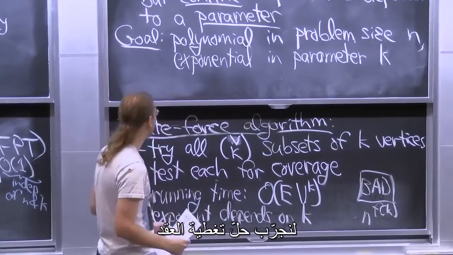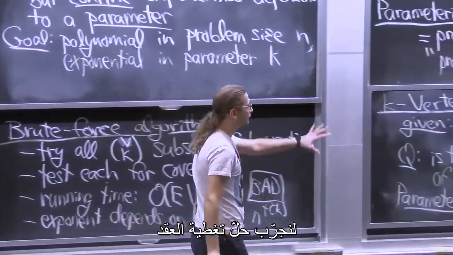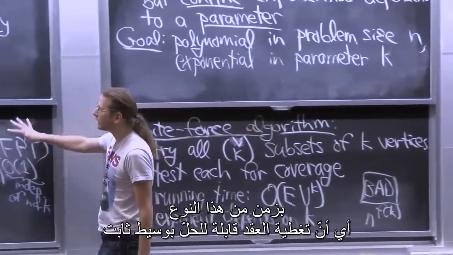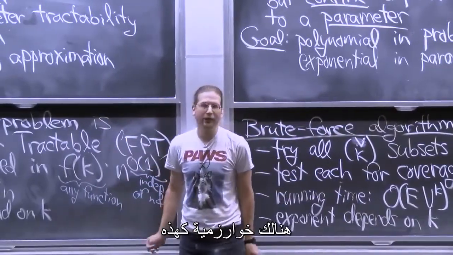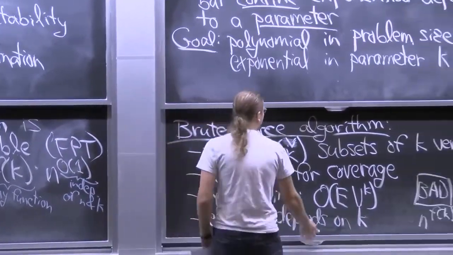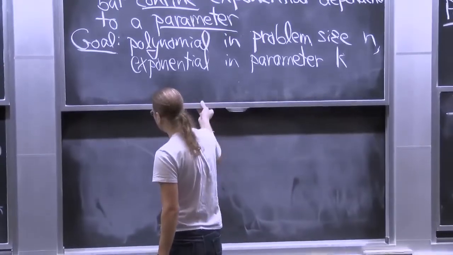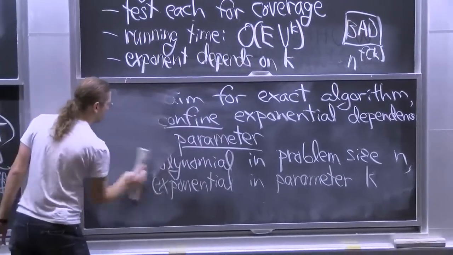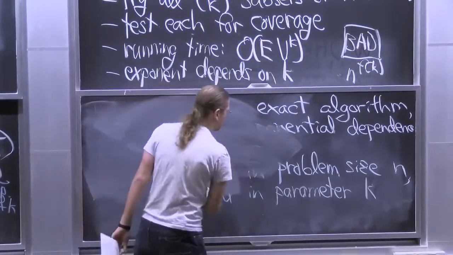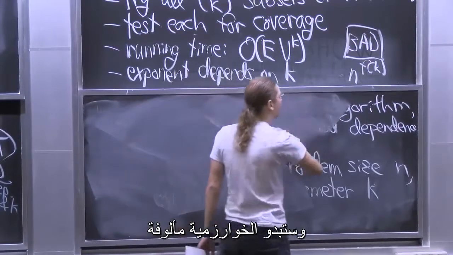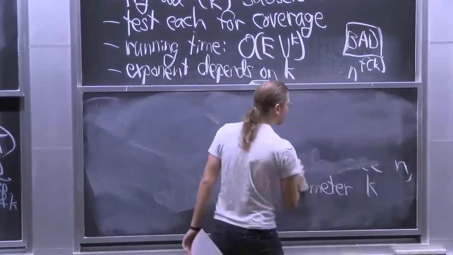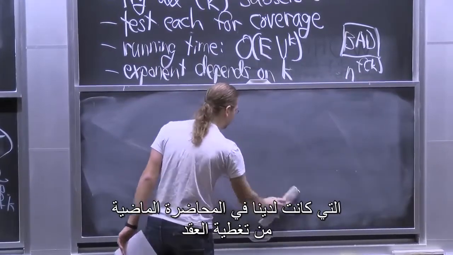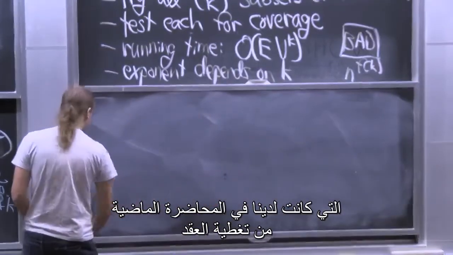So let's try to solve vertex cover in this kind of time. I claim vertex cover is fixed parameter tractable. There is such an algorithm. And the algorithm is going to look familiar, very similar to the two approximation algorithm that we had last class for vertex cover.